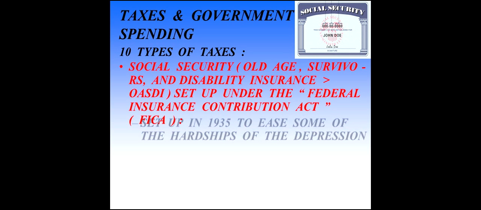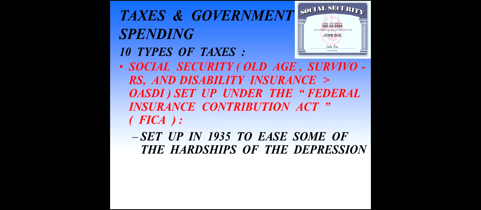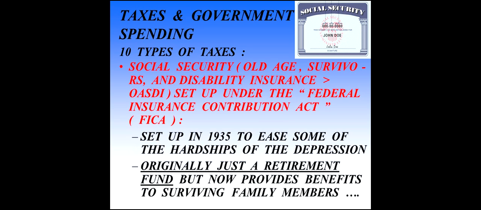A couple of things about Social Security tax. It was set up in 1935 to ease some of the hardships of the Great Depression, especially for the senior citizen portion of our population. And it was originally just a retirement fund, but today it now provides benefits to surviving family members.